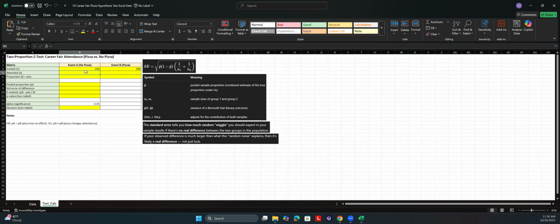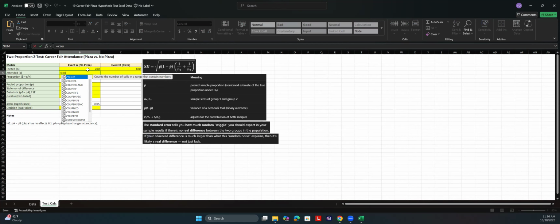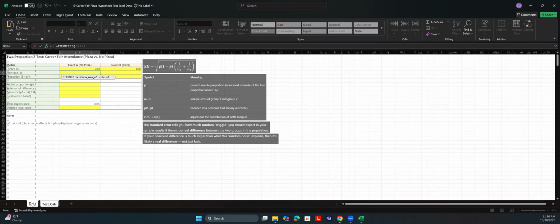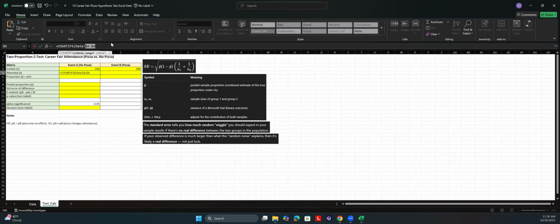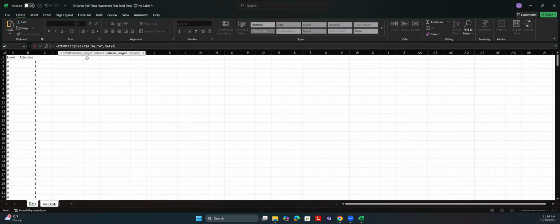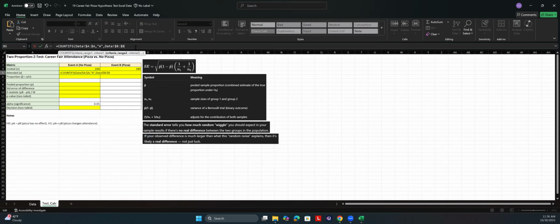And now I would like to calculate how many of those people attended out of 200. So I will use COUNTIFS instead of COUNTIF because I will check to see whether it's no pizza situation and also whether that person attended. So I'll go to the data and column A, and again I would like to lock this with function F4, comma, and then I would like to make sure that it's A first, comma, and then I will go back to my data and then column B. Again, I will highlight it and then function F4 to lock it, and then comma 1, which means attended.